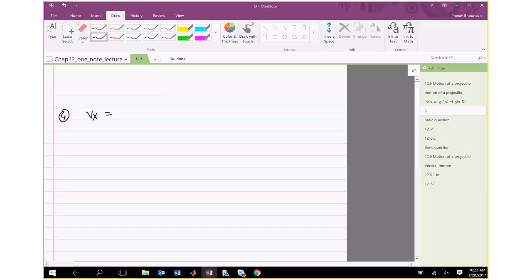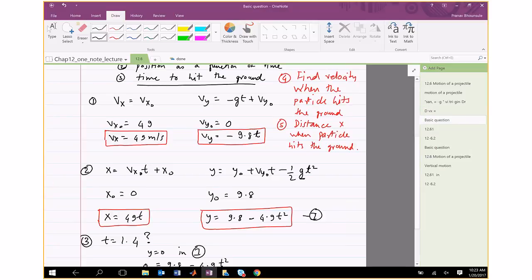Did we get the x velocity? The x velocity, if you can see over here, is just constant. It won't change with time. It's not a function of time at all. So the x velocity would be 49.